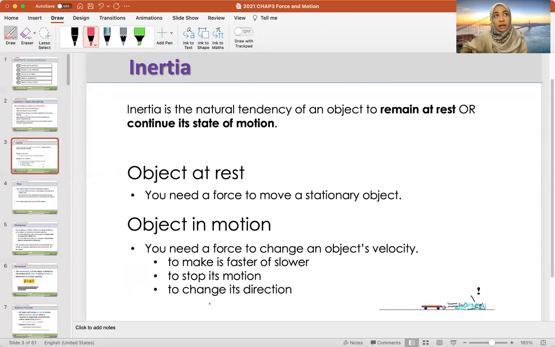So I am remaining at rest. I'm sleeping, so it's hard for me to get up. That is like inertia, but that's not really inertia, that's a bad example. So what if I'm just sitting? The inertia is going to be greater because I'm going to resist getting up, because sitting down is nicer.